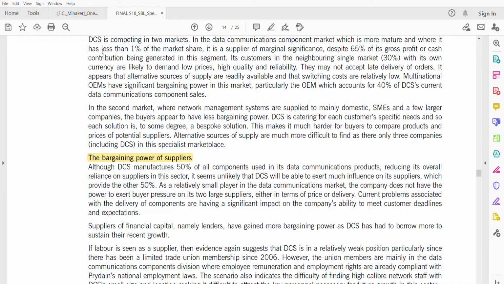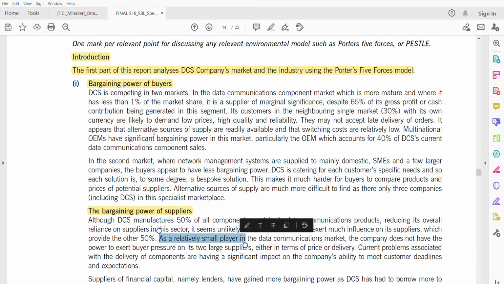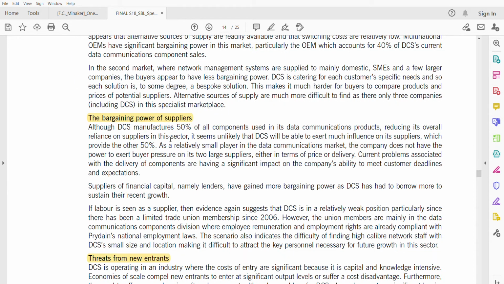Here you have told less than 1% market share. It should be consistent with this. As a relatively small player, you cannot come here and say it's a very big player. That means you haven't understood the scenario properly, right? You cannot say he has a majority share, relatively large player. This one has a relatively small player, and this one less than 1% market share. They are matching. It's common sense, of course.